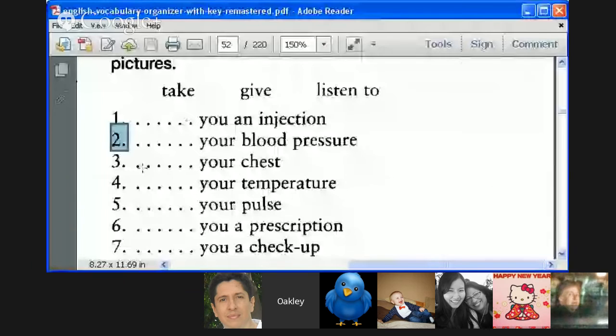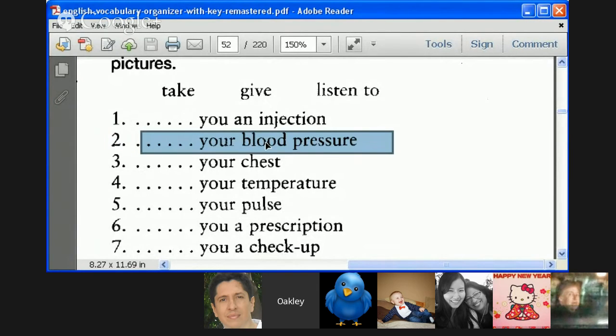Heidi, number two. If you can come up with another one, I'm okay with that. We can talk about it. The doctor measures your blood pressure. Okay. Measures is not incorrect. Or check. Check your blood pressure is very common.